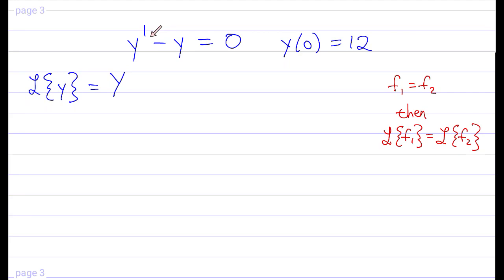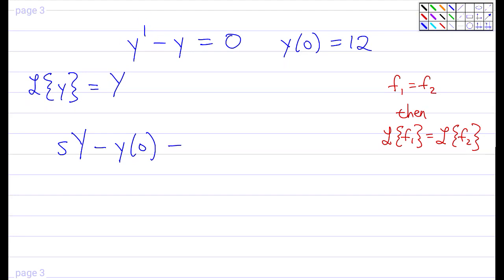We get s times the Laplace transform of y minus y evaluated at 0. That's the Laplace transform of y prime, minus the Laplace transform of y. Well, that's just big Y. That's the left-hand side, and it equals the Laplace transform of 0. Well, that's just 0 because it's the integral of 0.